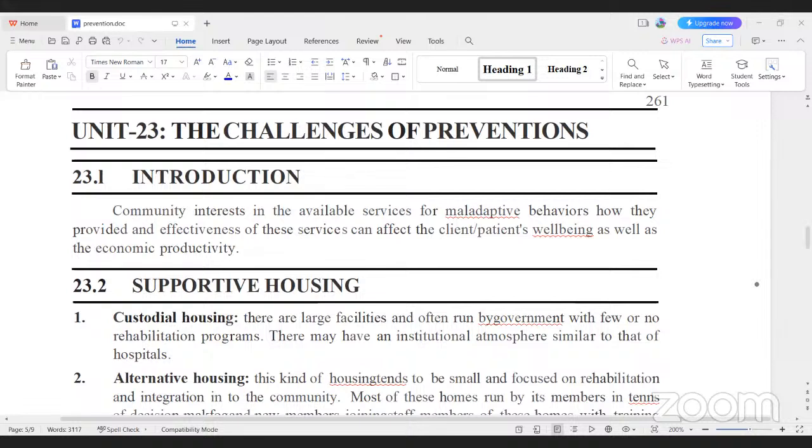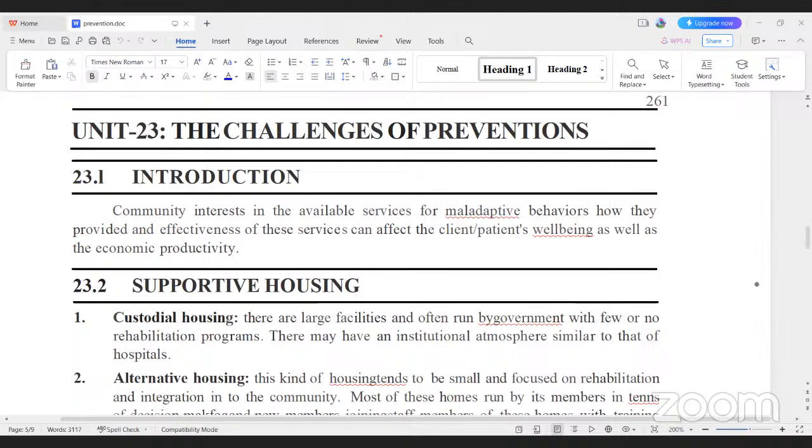Psychopathology is developing in society, in the people, because of various reasons. There are some biological causes, societal causes, and psychological causes also.